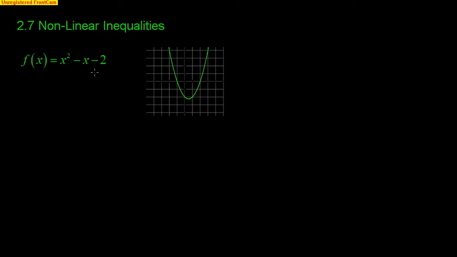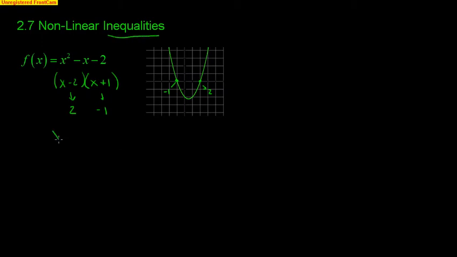The first thing we all know how to do, at least hopefully by this point in pre-calculus, is factor this into two factors, x minus 2 and x plus 1, and we know that we have zeros of 2 and negative 1. If we look at the graph right here, we can see negative 1 and 2.